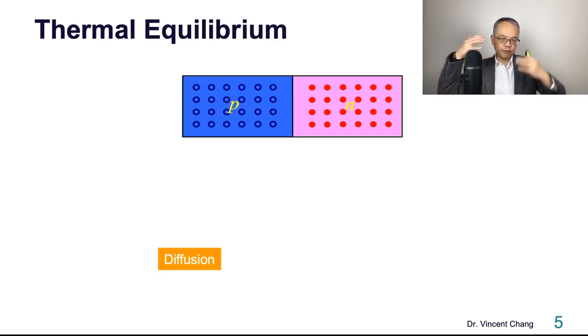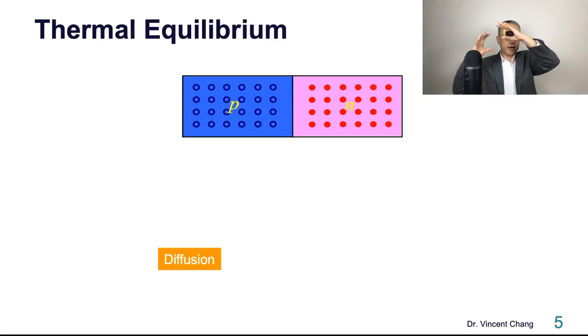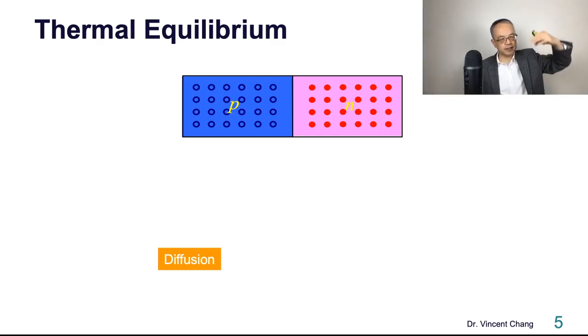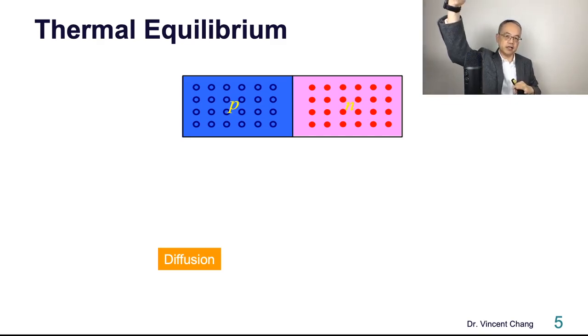If you look at the p-n junction as a whole, the carrier concentration is not uniform. On the left-hand side, the hole carrier concentration is very high. But on the right-hand side, the electron concentration is very high, but the hole concentration is very low. So the concentration is not uniform: very high on the left-hand side if we talk about holes, but on the right-hand side it's going to be very low.